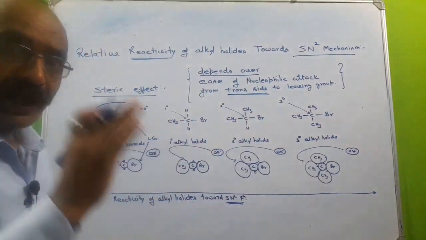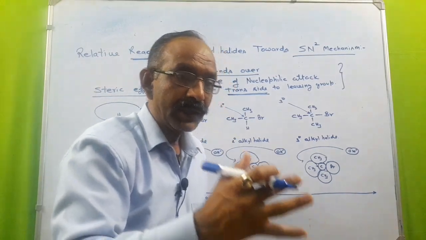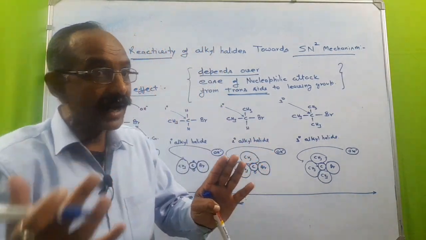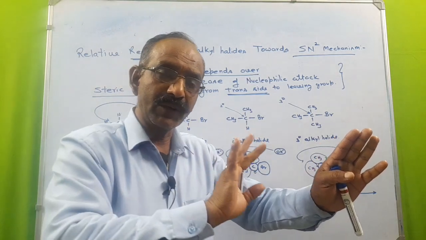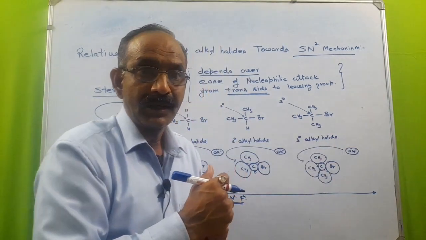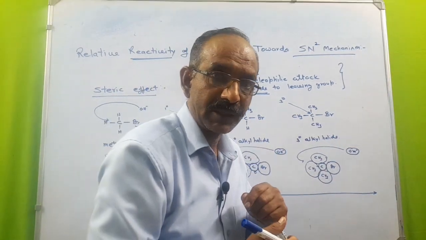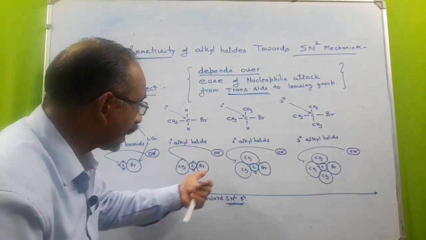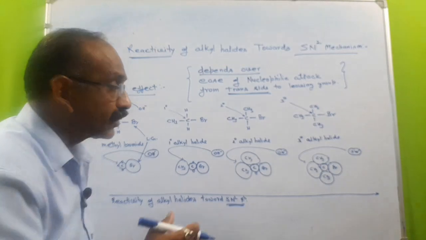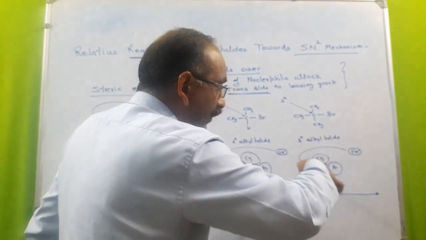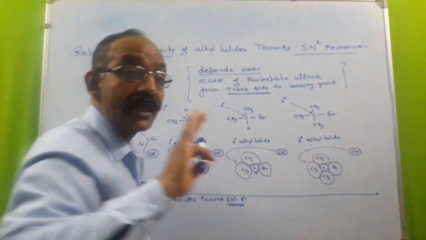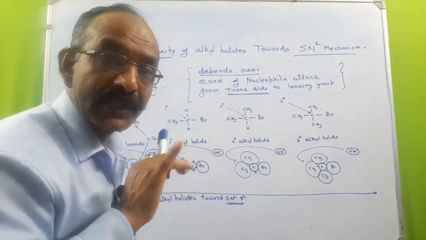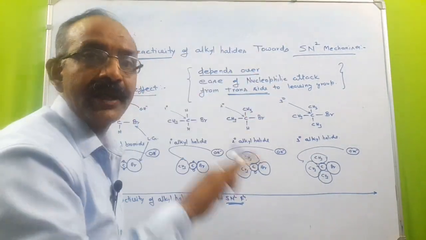Means the alkyl halide in which the nucleophile can attack from the trans side to leaving group more easily will react faster. Here, as the number of alkyl groups over carbon is increasing, the attack of the nucleophile from the back side will be sterically hindered, and that's why the reactivity will be reduced.